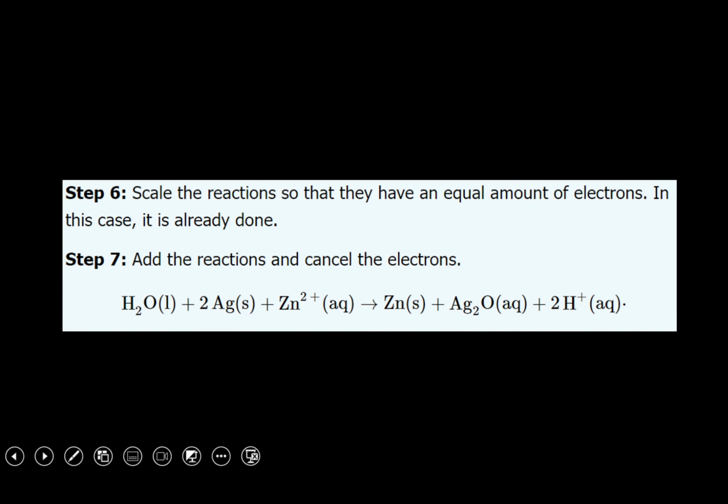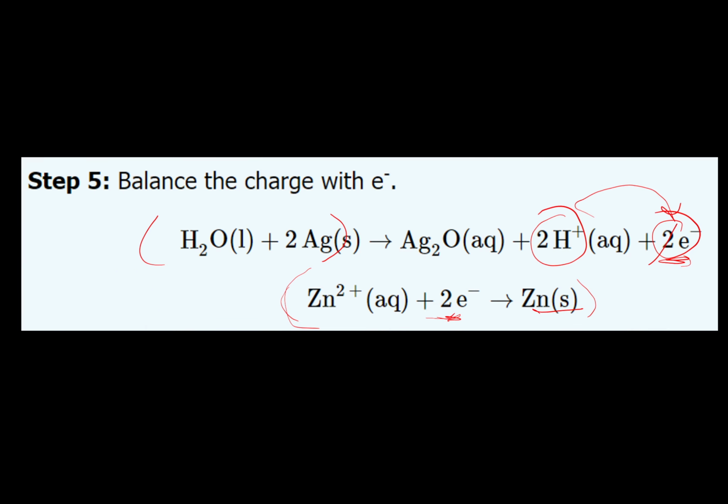So we're going to end up scaling the reaction, as persons tend to describe it. So we scale it and we cancel out the electrons. But notice that water has only been added to one half equation, and hydrogen ions have only been added to one half equation. So you can't cancel what is not in the second reaction.